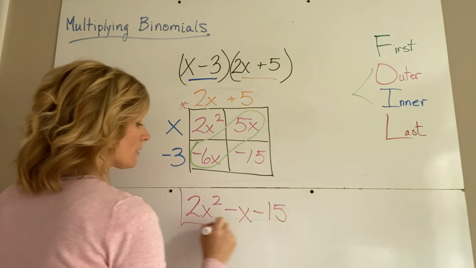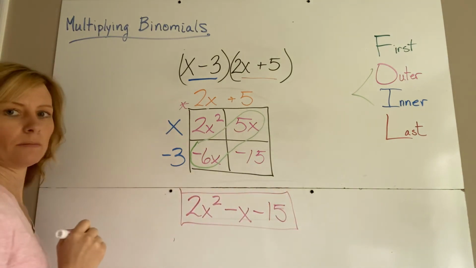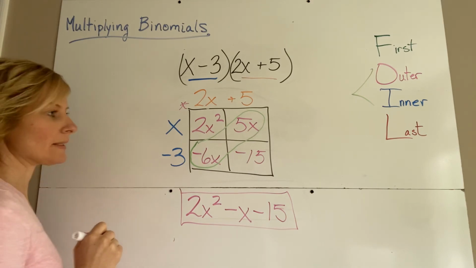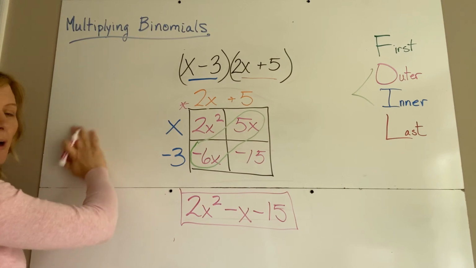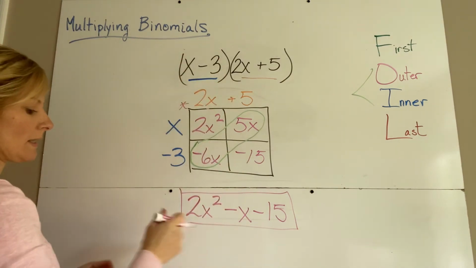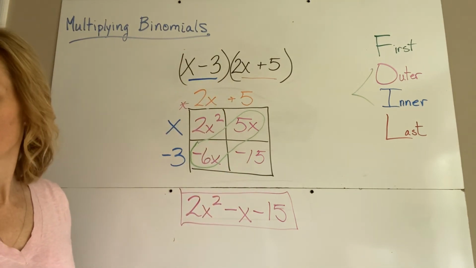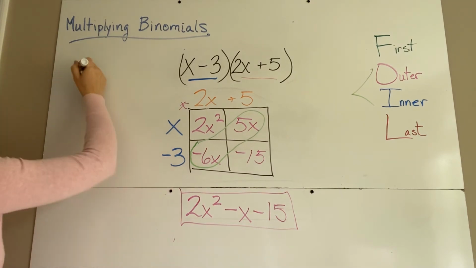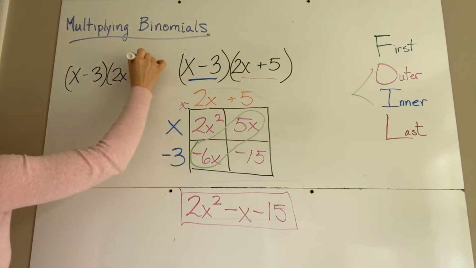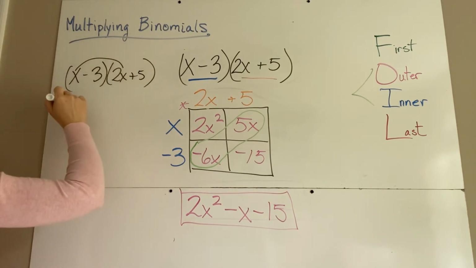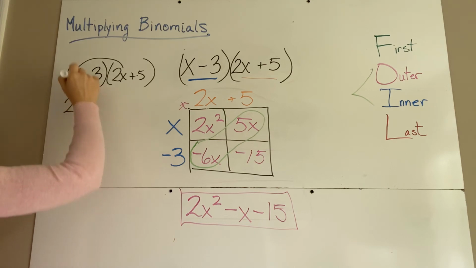Okay, that's it. Now I see I have some room right here, and also over here. I'm going to use this room to show you this in FOIL. So I have x minus 3 times 2x plus 5. First, 2x squared.